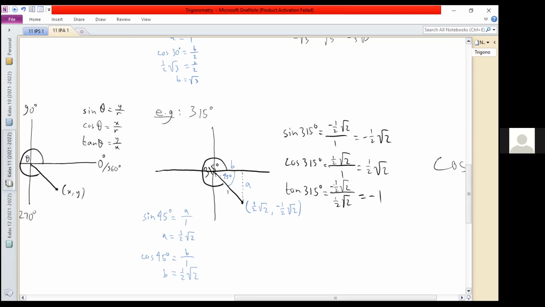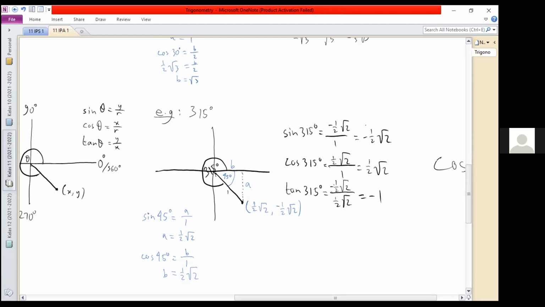As you can see, for 315 degrees the values are negative 1/2 square root of 2, 1/2 square root of 2, and negative 1. The magnitudes are all the same as the sine, cosine, and tangent of 45 degrees, right?